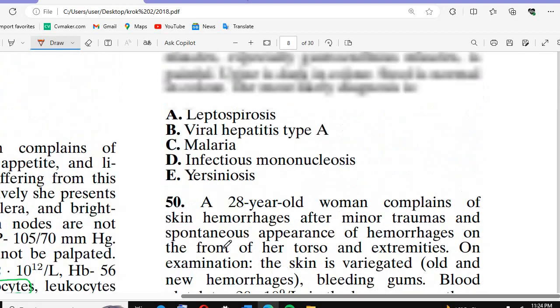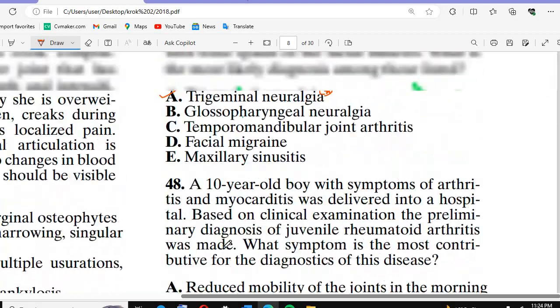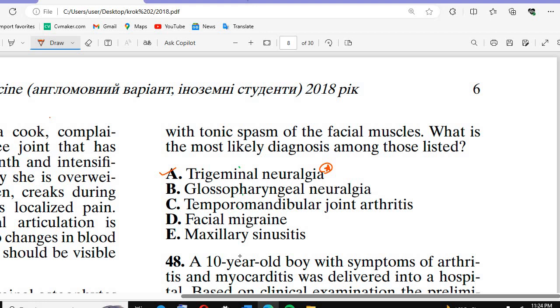What is the trigeminal nerve doing in the face? It is the sensory nerve. What is the most likely diagnosis? This is trigeminal neuralgia, or trigeminal pain. That's how you can easily do the questions.